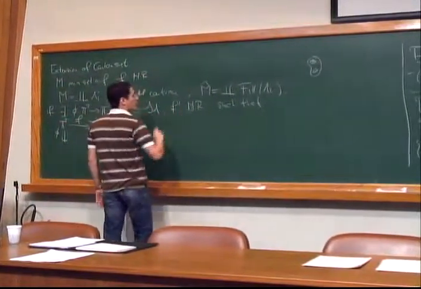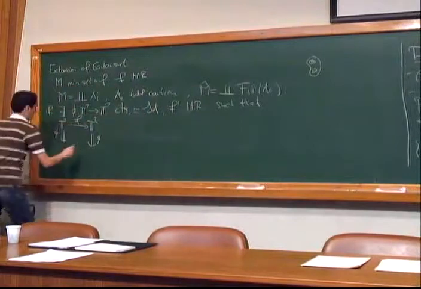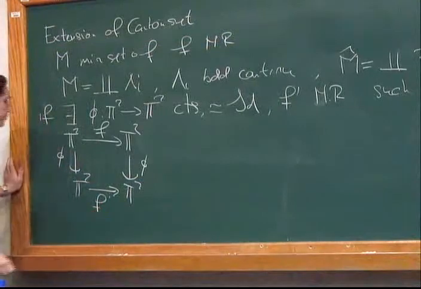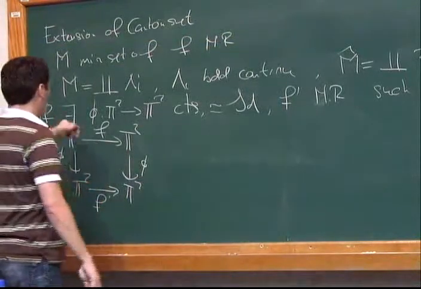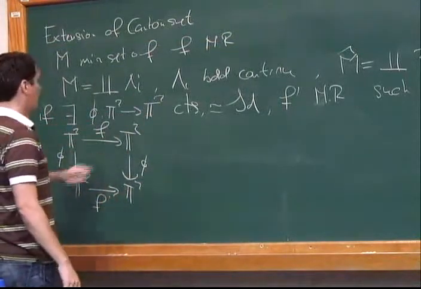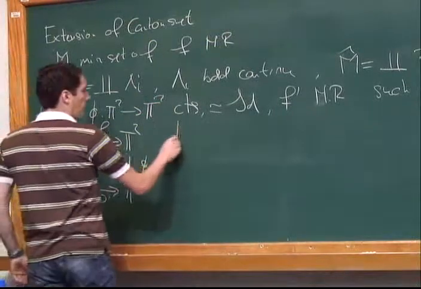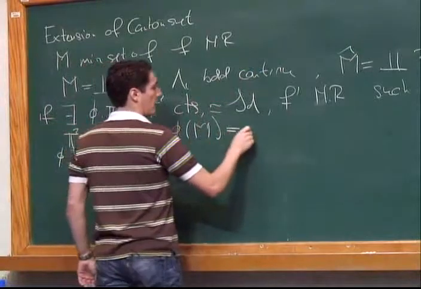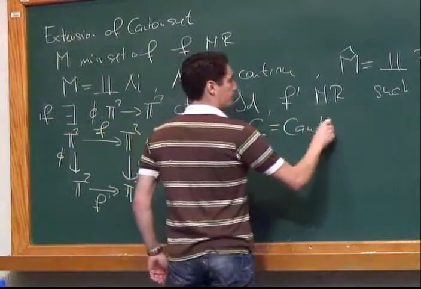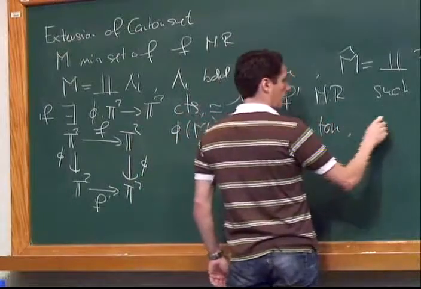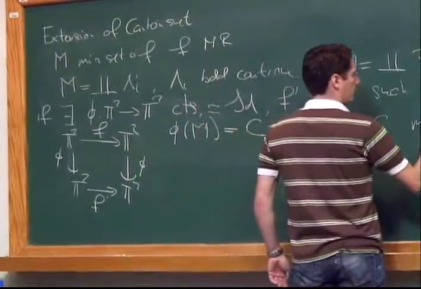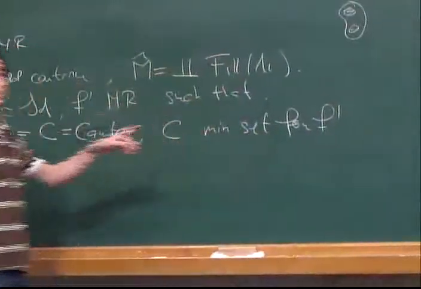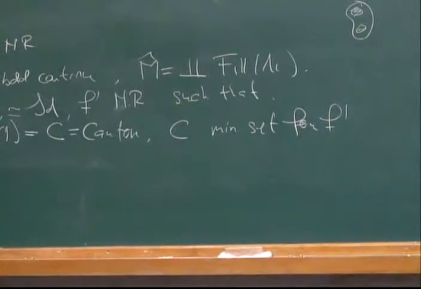So NR will stand for non-resonant. I have a semi-conjugacy here, F prime. If there exists a continuous phi, so this is a semi-conjugacy, such that phi sends the filled-in minimal set to a Cantor set, and C is a minimal set for F prime, then we say M is an extension of a Cantor set.